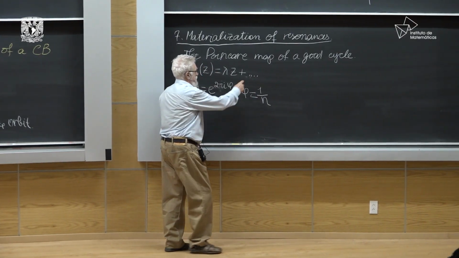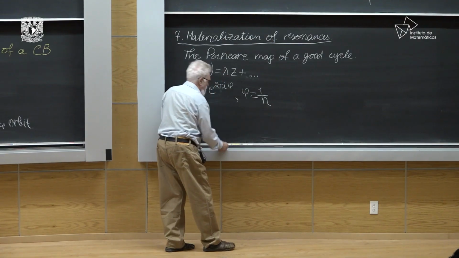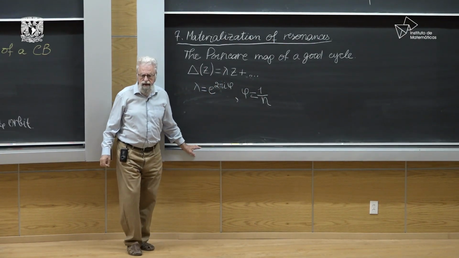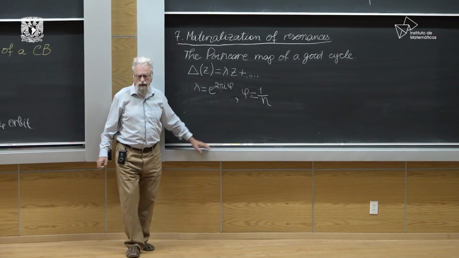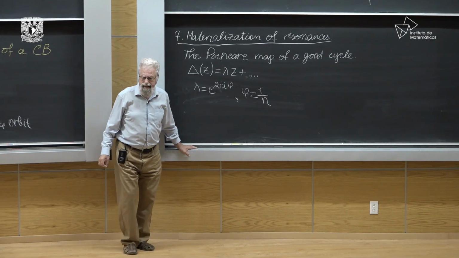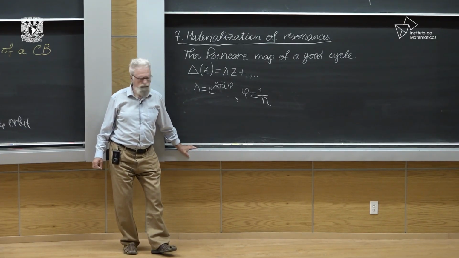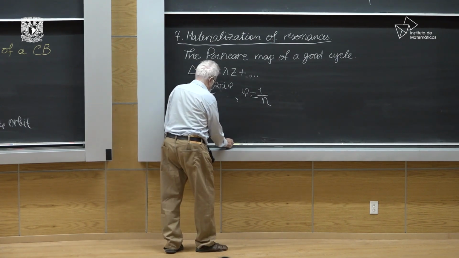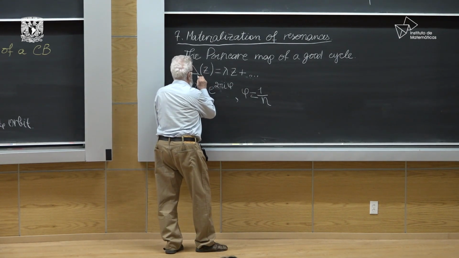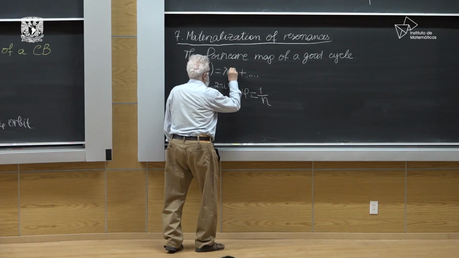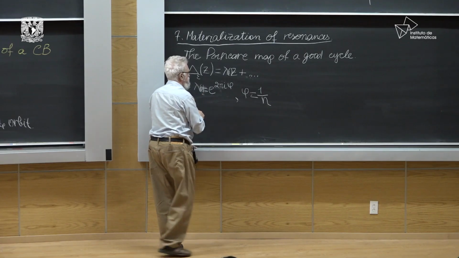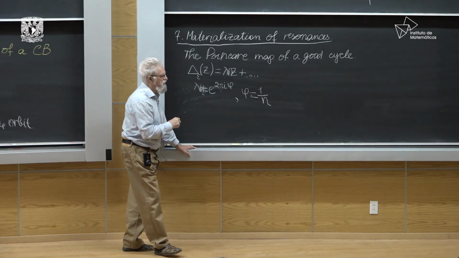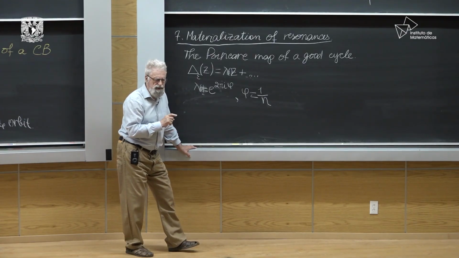Now, if the higher order terms are present, then for exactly this lambda, you will not see any periodic orbits at all. But if you have this map depending on epsilon, and this is only the value of lambda at 0, then the following effect happens.